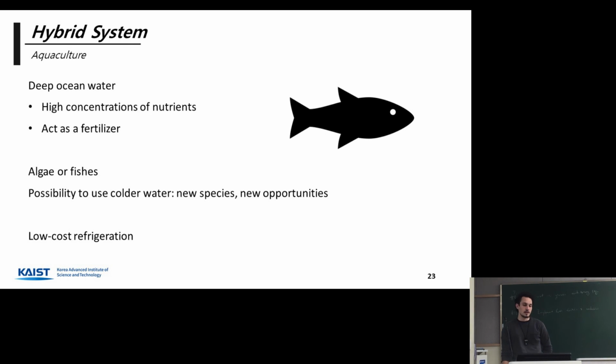And finally, aquaculture. Deep ocean water has a lot of nutrients compared to surface water, and we can use this as a fertilizer to grow algae or fishes. And again, we have cold water, so we can grow, for example, fishes that are used to living in colder water than the tropical zone.